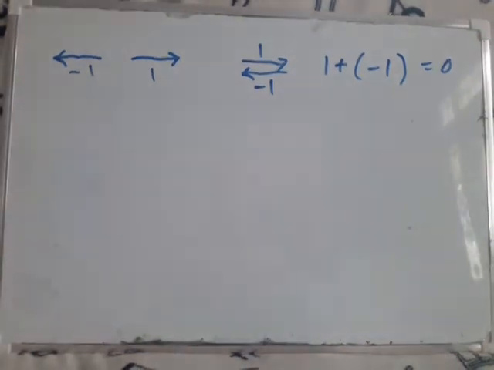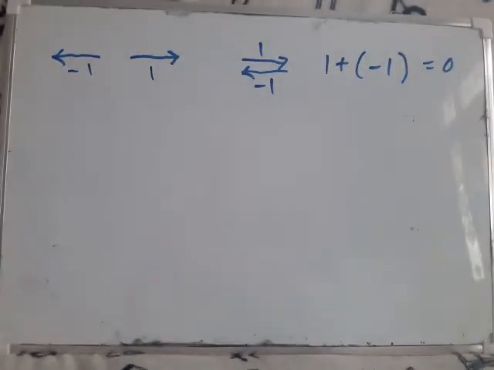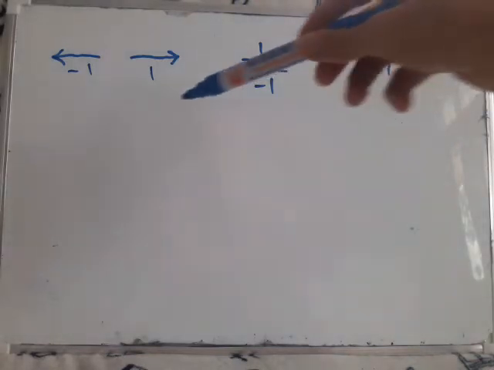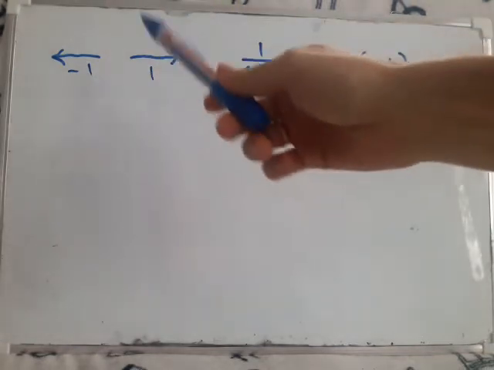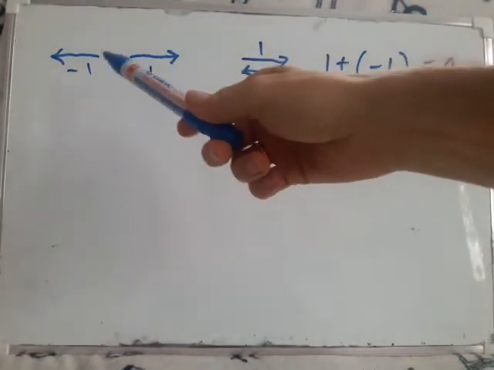Okay, so that's straightforward. Now, when you multiply two numbers together, you take the lengths of the vectors and multiply the lengths. But what rule can we add to say what happens if you multiply a positive number by a negative number?